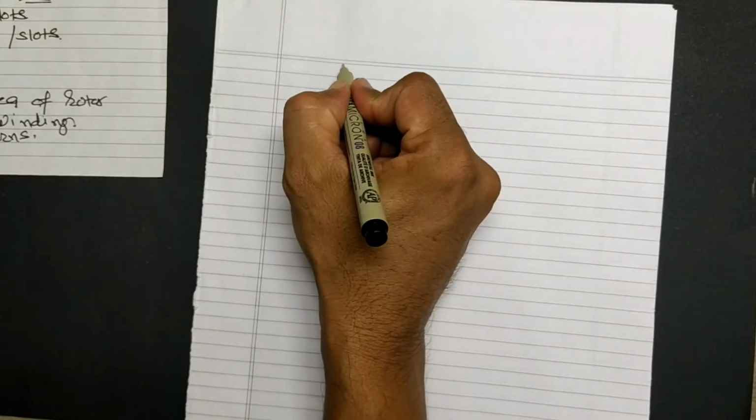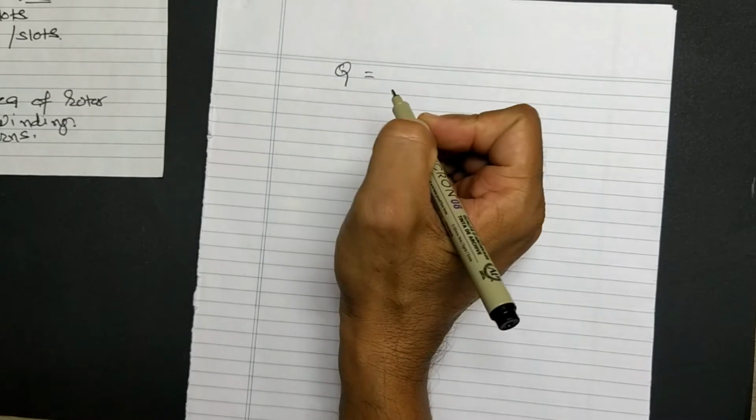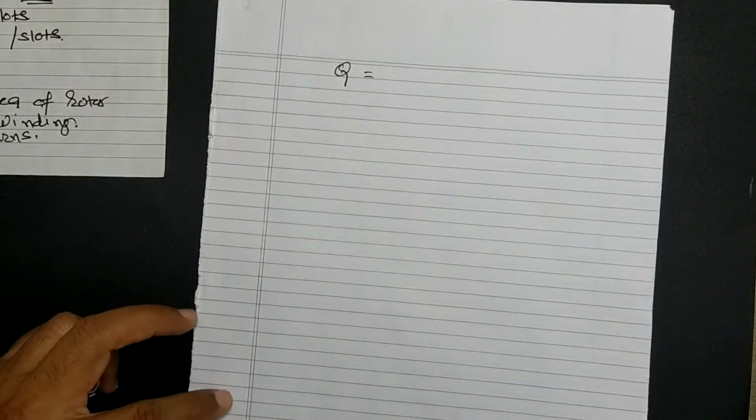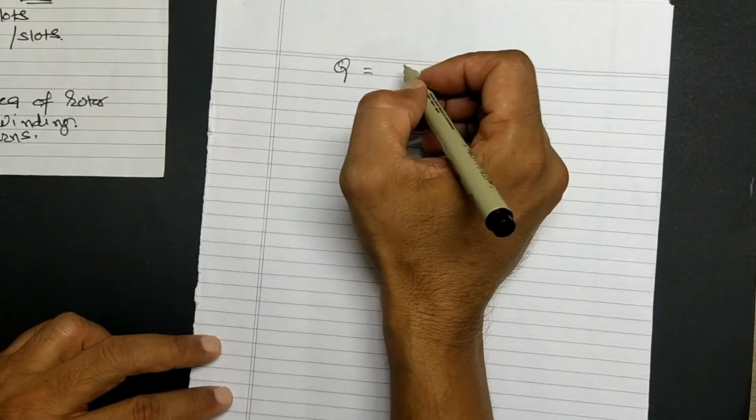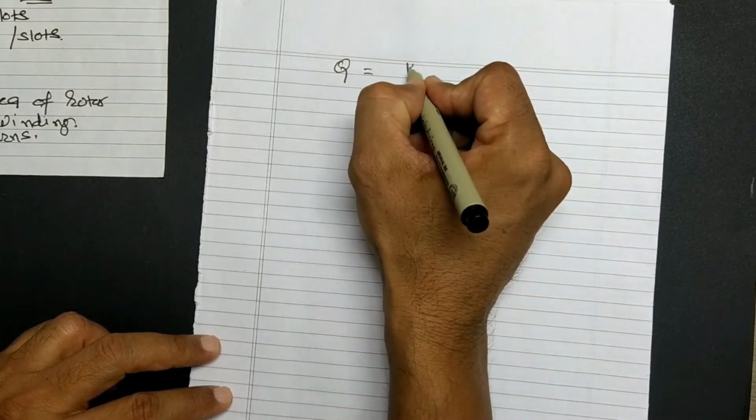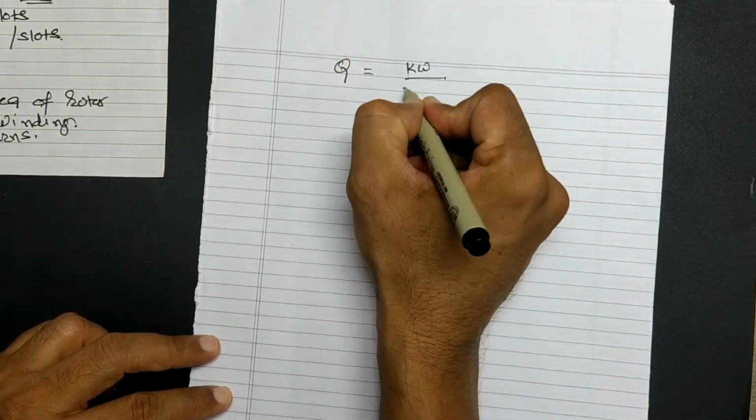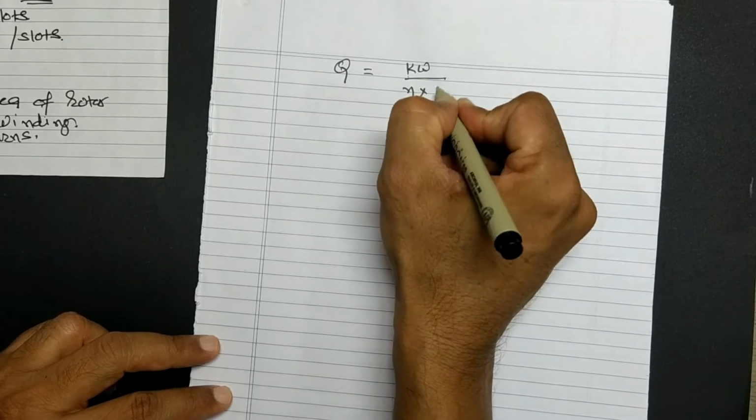First of all, let us find Q, that is the kVA rating. kVA rating is kilowatt divided by efficiency multiplied by power factor.